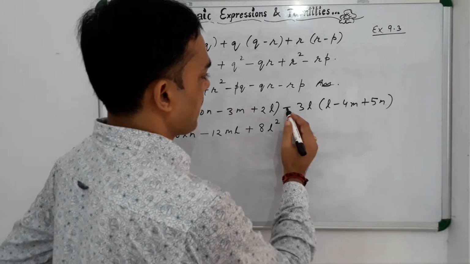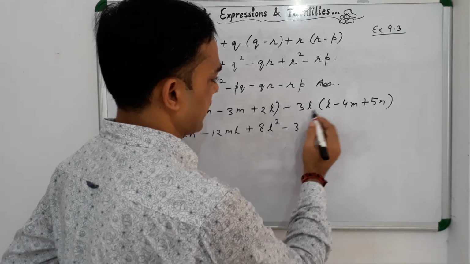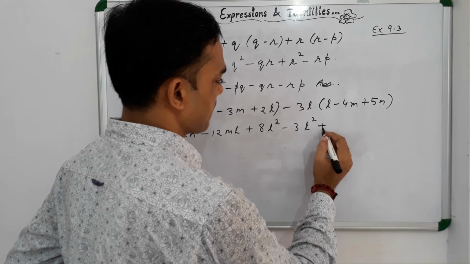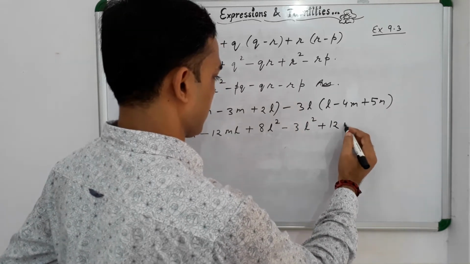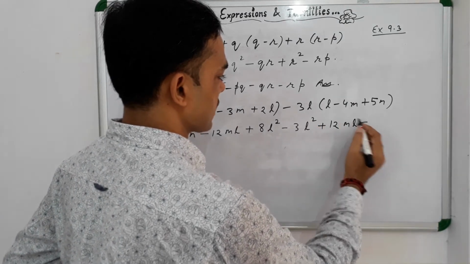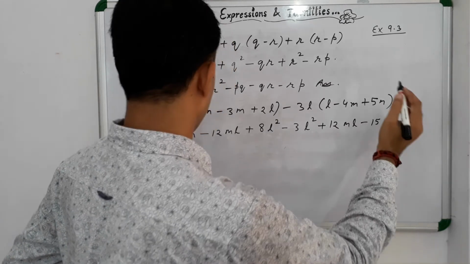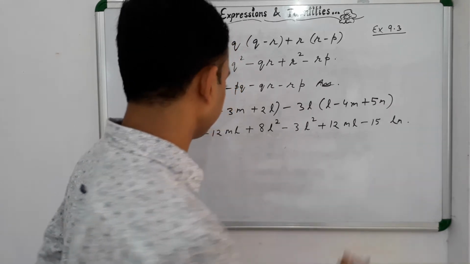Now minus into plus is minus, 3 into 1 is 3, L into L is L square. Minus into minus is plus, 3 into 4 is 12 and L into M is LM. Minus into plus is minus, 3 into 5 is 15 and NL, or you can also write LN.